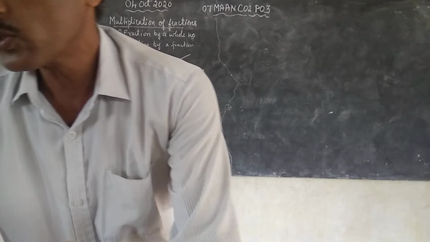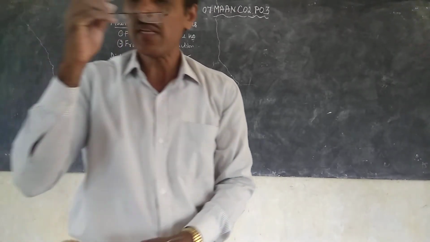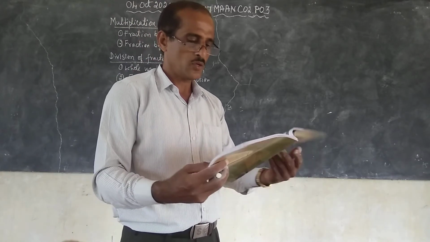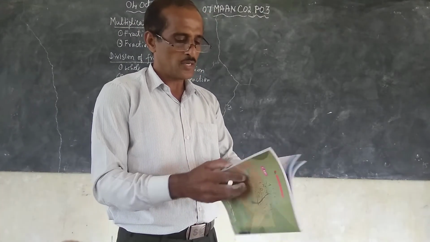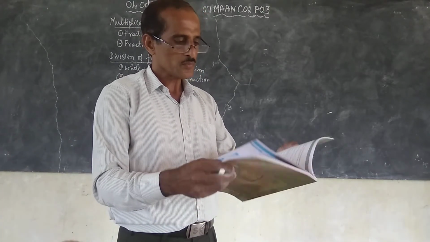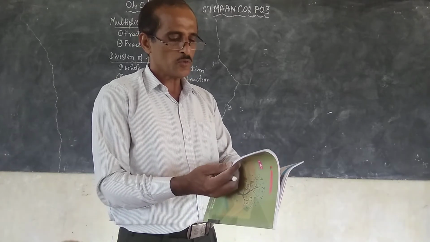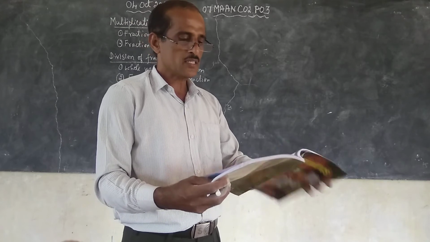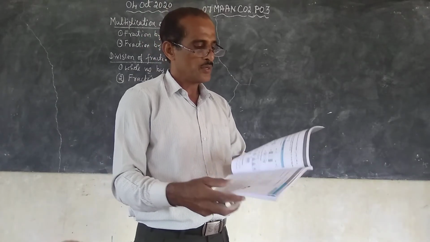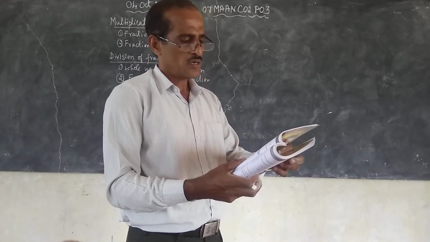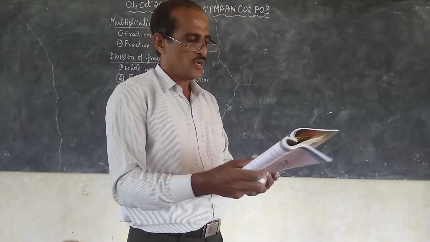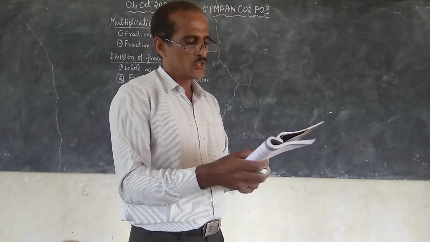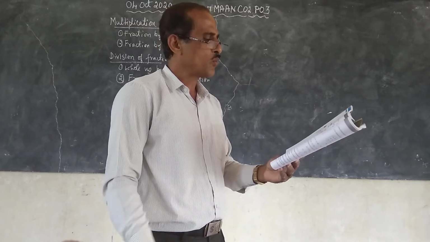Let us see some questions from the textbook. Look at the textbook, exercise 2.2, multiplication. See, some questions are there in the textbook. Just go through it. What is given? Which of the drawings A to D show 2 into 1 by 5?